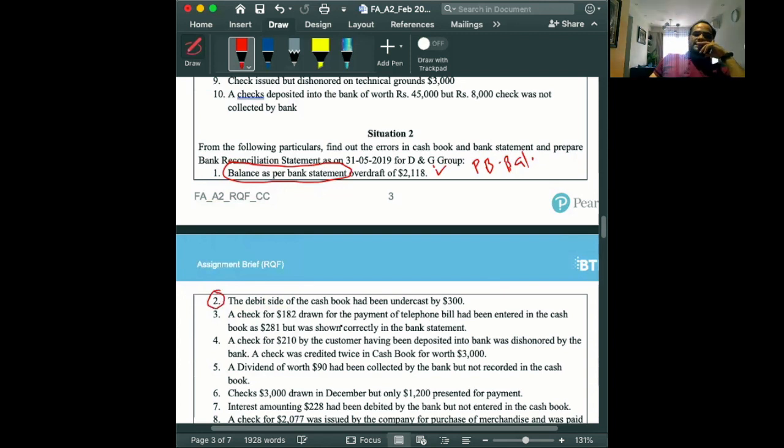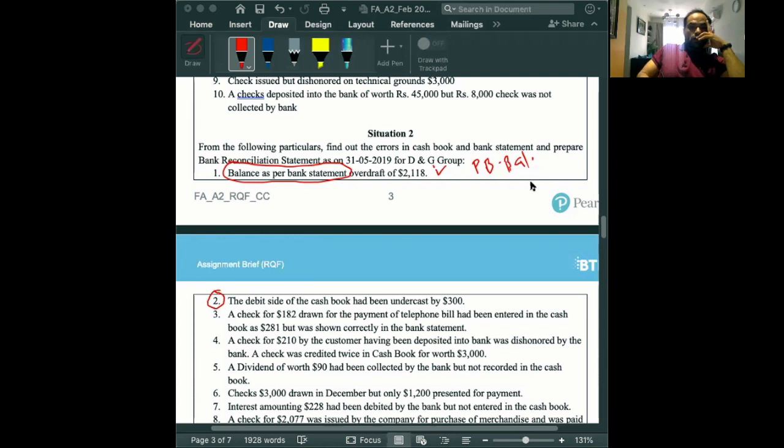So let's start with the second transaction. The second transaction says that the debit side of the cash book had been undercast by 300. So tell me. Positive? Everybody positive?